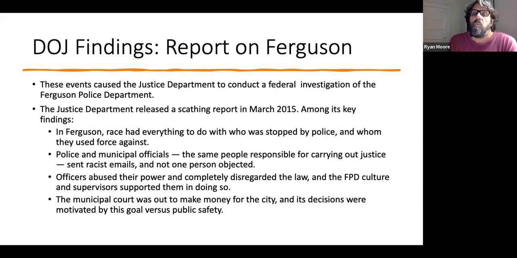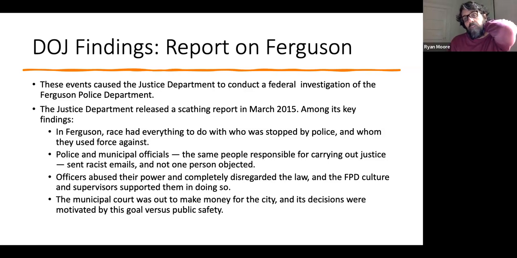Another important impact of the Ferguson uprising is that it brings national attention to what was going on in Ferguson. And so it causes the US Justice Department to conduct a federal investigation. So the federal government basically goes in to look at what's been going on in the Ferguson Police Department.